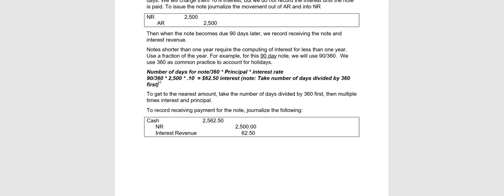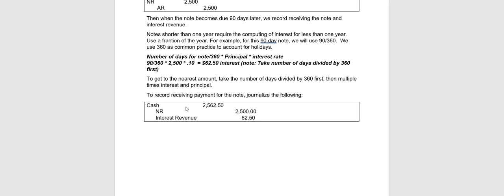It's a more even number, and also they say to not count major holidays such as Christmas and Thanksgiving. So to get it as even as possible, take 90 divided by 360 first, the number of days divided by 360, times 2,500, the amount of the notes receivable, times 0.1 for 10%. So therefore, the interest for the 90 days is $62.50.